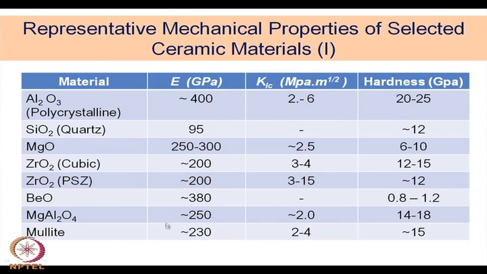Mullite 230, 224 again, and a moderate hardness, okay. But most of them are in this range, 15 to 20, 25 maximum you can get here.